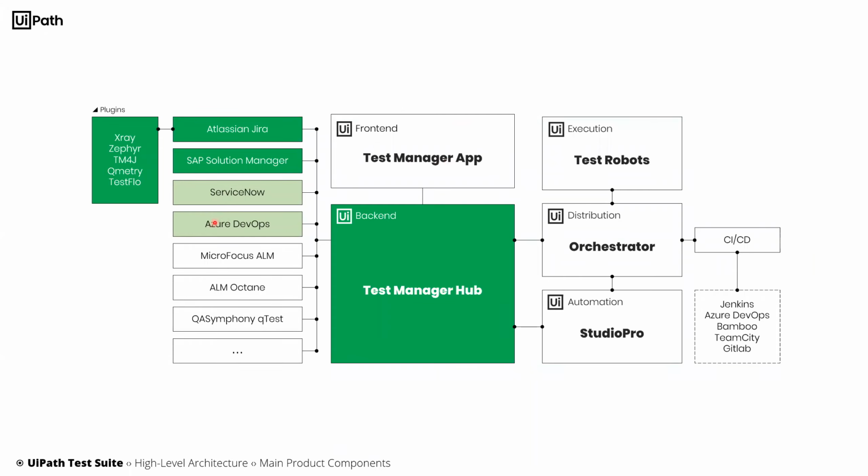You can use your existing test management solution like X-Ray, ServiceNow, Azure DevOps, or whatever, and use the automation that comes from the UiPath test suite. Okay, so this is the very quick overview about tool landscape.